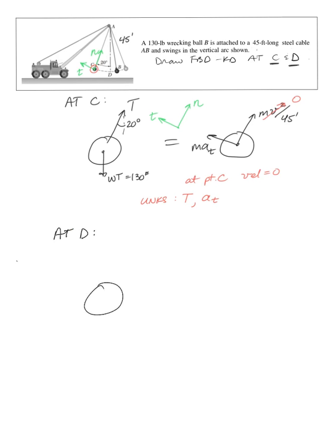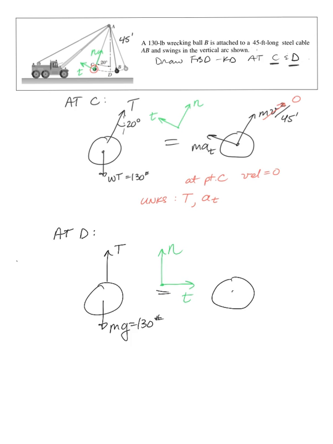We've now got this ball which has a tension force straight up and down. There's the weight equal to the 130 pounds. At D, I'm going to put the tangential direction in the direction of the velocity. The normal is going towards the middle of the circle.